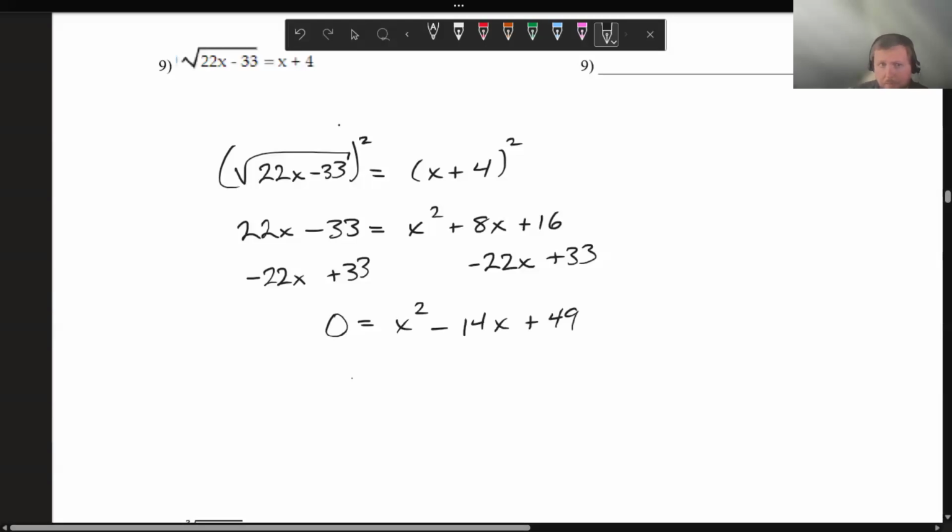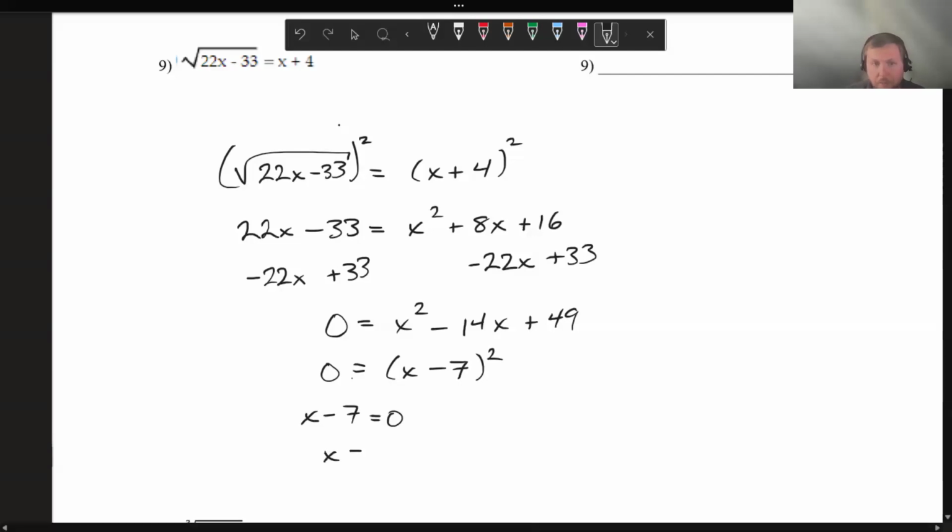I just happen to recognize that as a perfect square trinomial, so that factors to x minus 7 squared. I can use the square root method on it at this point, so I get x minus 7 is equal to 0. Or you can use the zero product property, however you want to think about it. So I end up here.